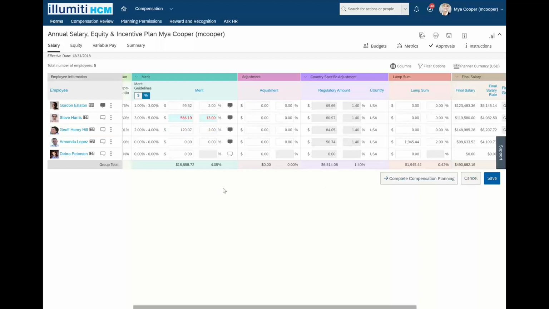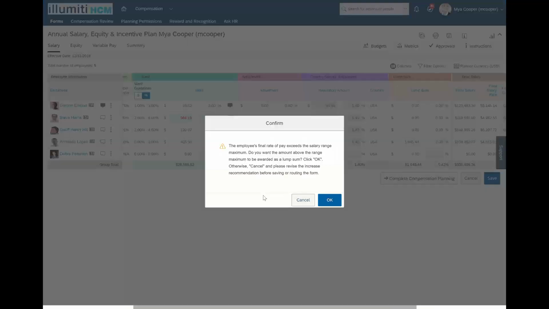and if I pull it out, it goes back to being highlighted in black. Now you might have a particular employee, such as Armando, who has a 0-0 merit guideline here. And if I come in and try to give him some type of award, the system's going to let me know why it is recommended that he not receive an award here. And it is simply because given his salary and the range for his particular job, he is already outside of the recommended salary range.